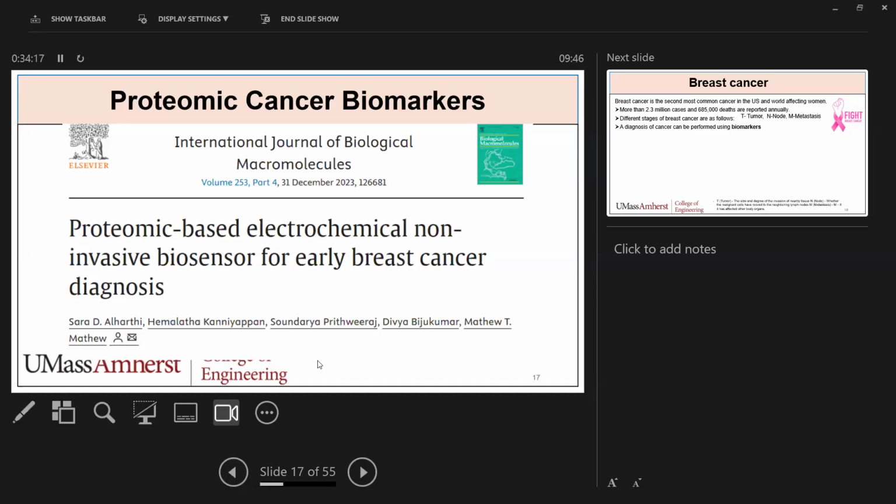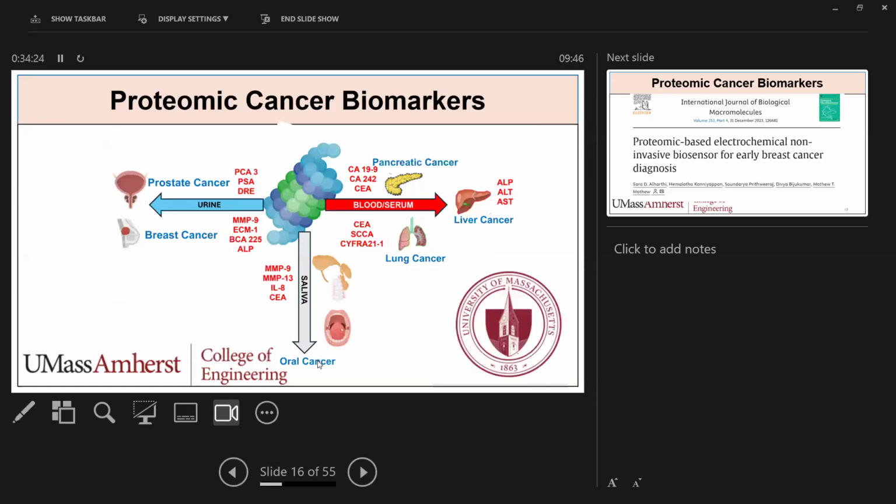So now we came to know that protein biomarkers can be used because, as I mentioned here, they are present in different biological fluids: saliva, urine, blood, or serum. When you take breast cancer, all these proteins are present in urine. So it's so easy for a patient to give a urine sample rather than a tissue sample, right?